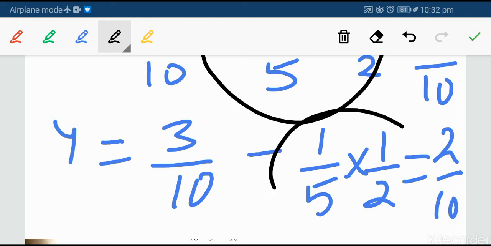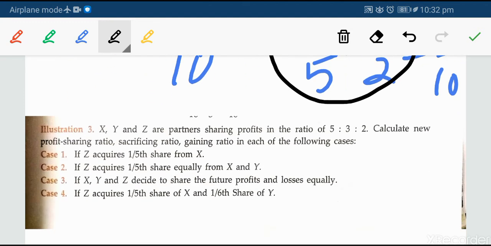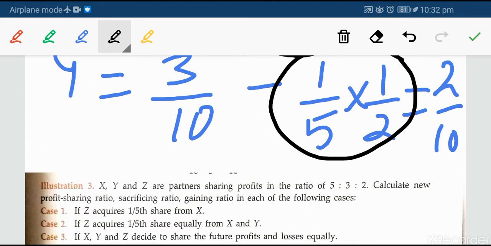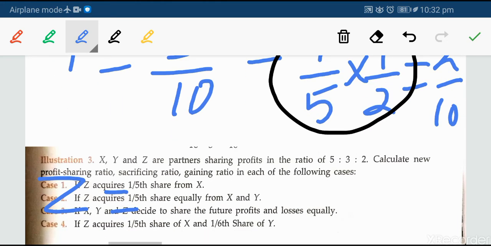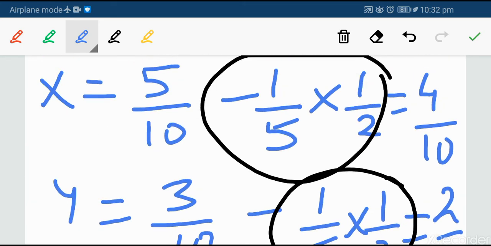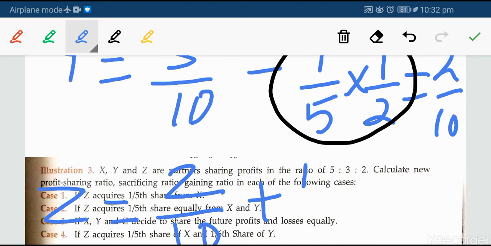So this portion of amount is the sacrificing ratio for y. Now we will be moving to z, and z's profit sharing ratio will be 2 by 10 plus how much he is getting from x. He is getting from x 1 by 10, and 1 by 10 from y.